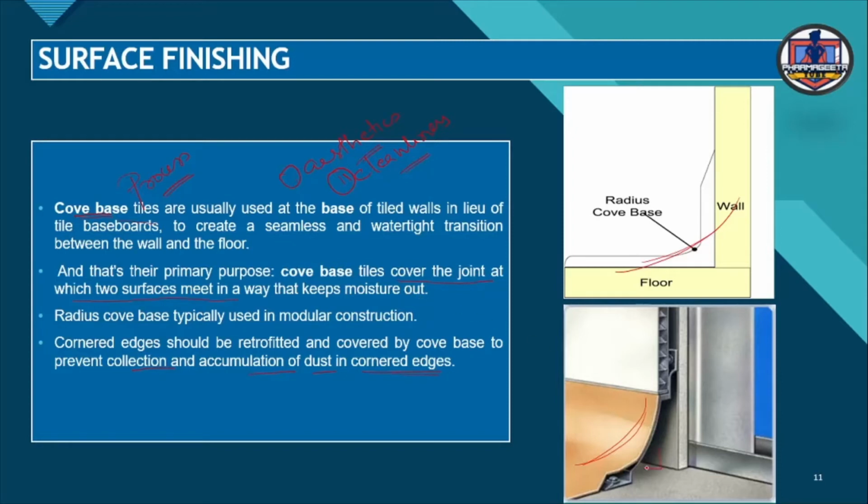Now if there are no edges, dust cannot accumulate, nor water or moisture, so no microbial contamination may take place. Cornered edges are retrofitted: if the industry was established with cornered edges, they have to be retrofitted.